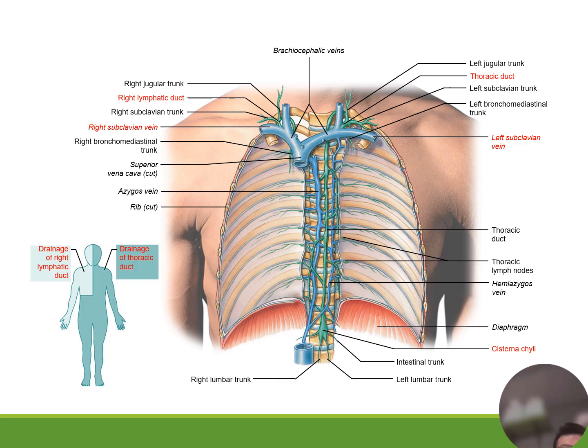This is another picture to depict what is happening here. So here we have our subclavian veins, and we have our main ducts, the thoracic duct and the right lymphatic duct. The right drainage is covering the right chest, right side of the head, and right arm, and your thoracic duct is picking up the rest of the body.